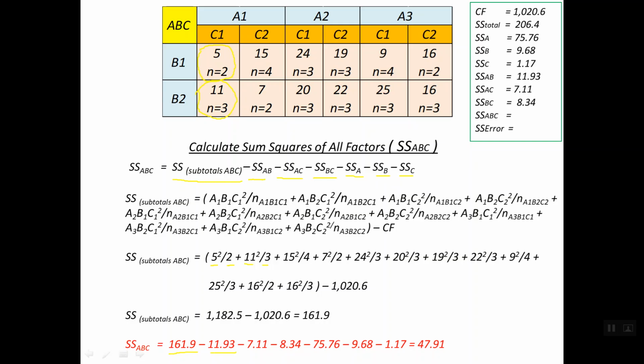This is the SS between A and B. This is between A and C. This is between B and C. This is for A. This is for B. And this is for C. And this is the final value of the SS for ABC. It is 47.91.